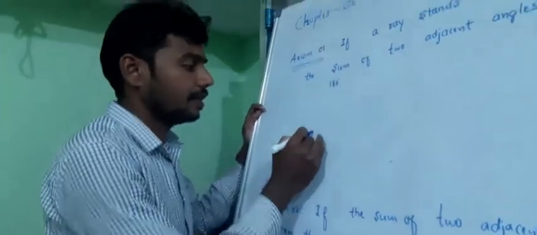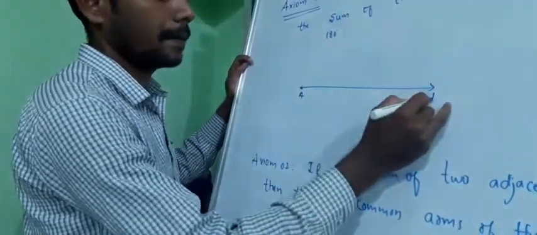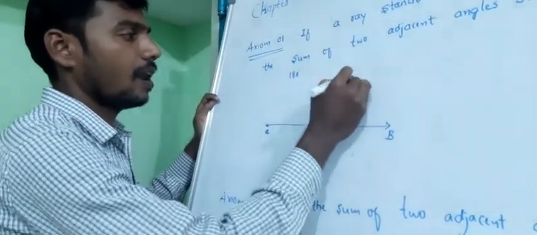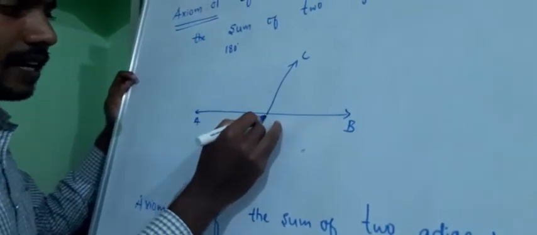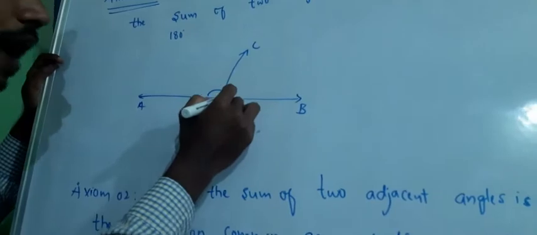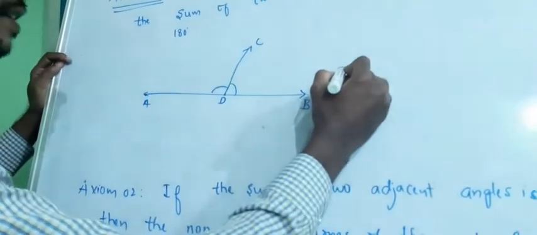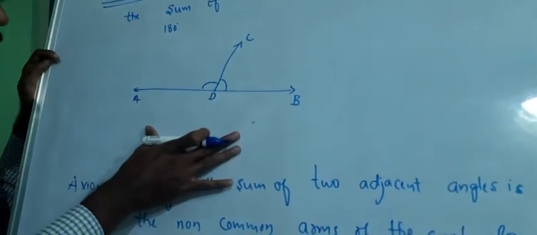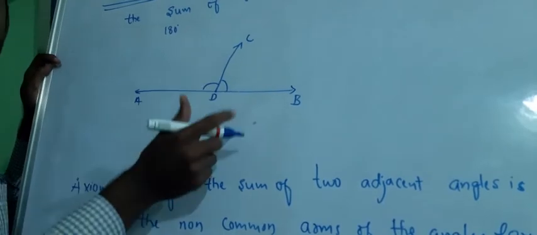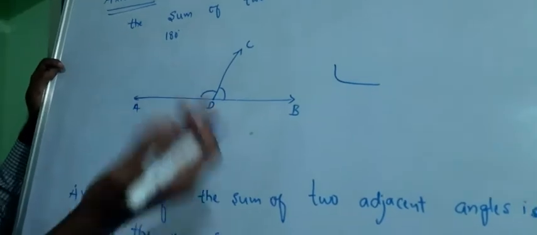What does it mean? See, AB is a line. If a ray stands on a line, DC is a ray which stands on the line, then the sum of the two angles so formed will be equal to 180 degrees.